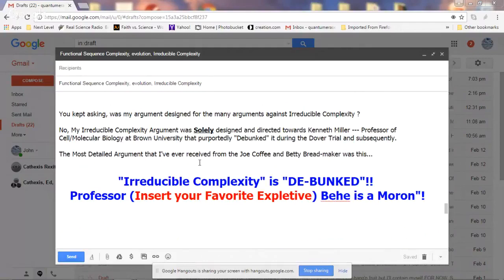I finally caught it, and my answer to that is no. That irreducible complexity argument was solely designed and directed towards Kenneth Miller, the professor of cell and molecular biology at Brown University, who purportedly debunked irreducible complexity at the Dover trial and subsequently.